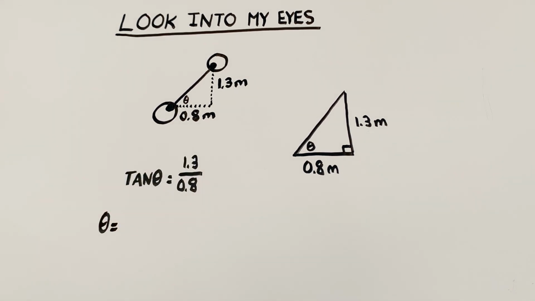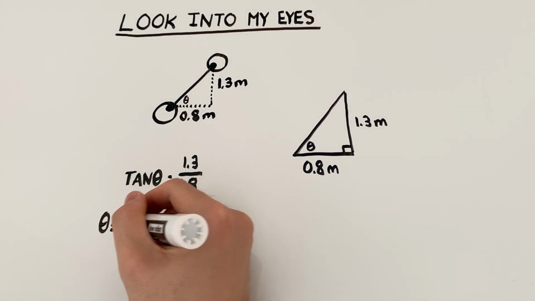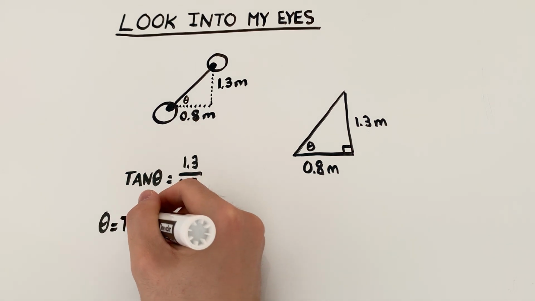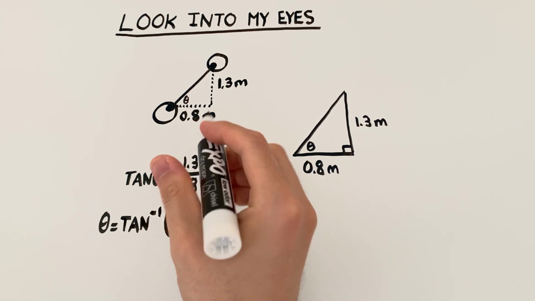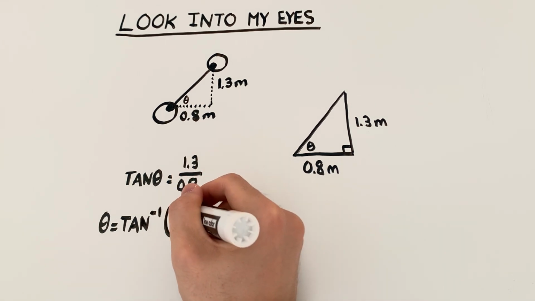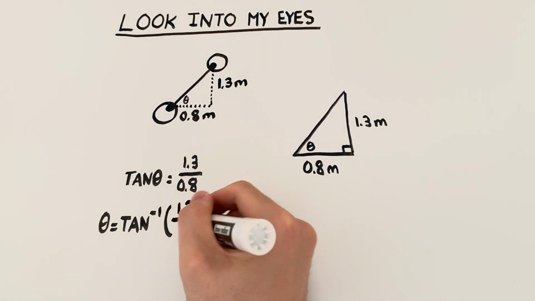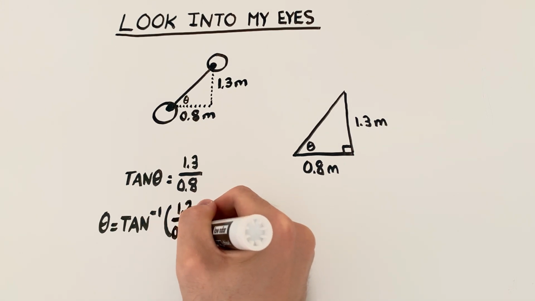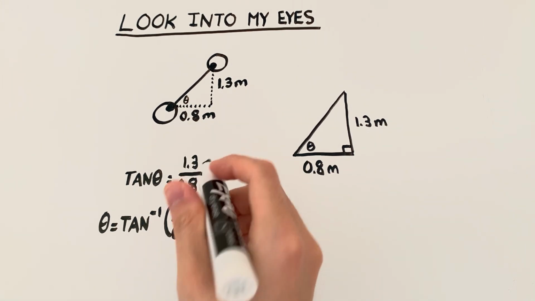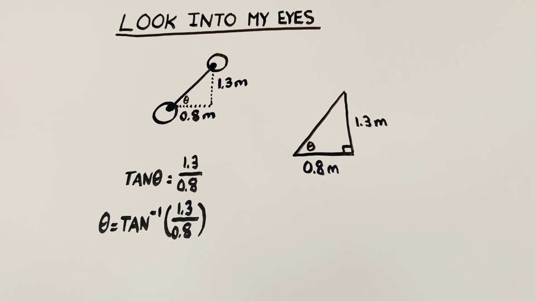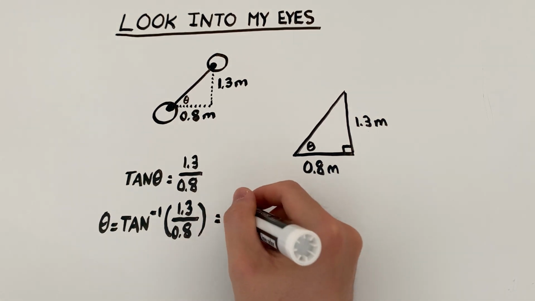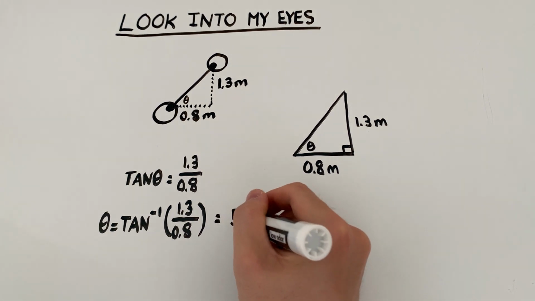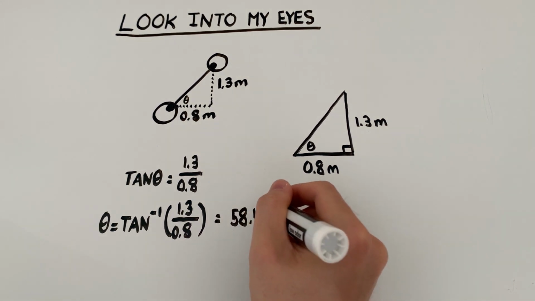So to get the angle, you're going to do the inverse tangent of 1.3 over 0.8. And once you do that, you can find the angle to be 58.4 degrees.